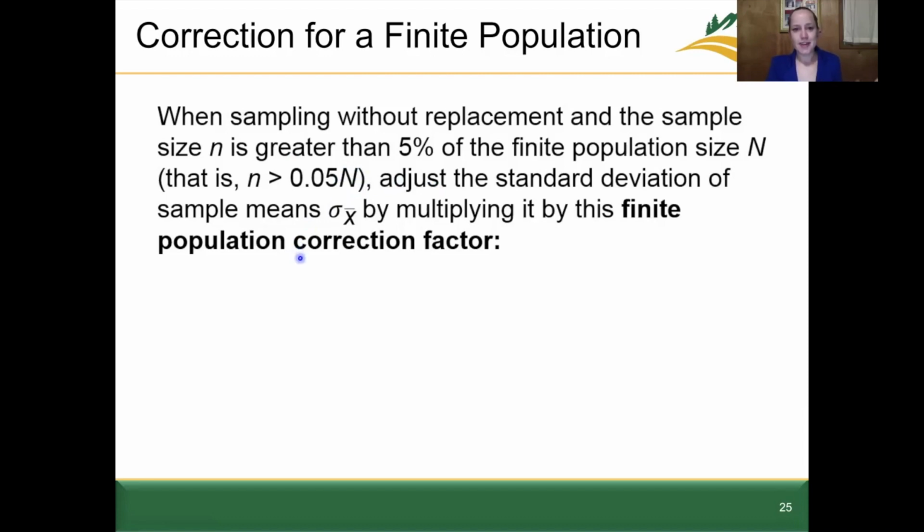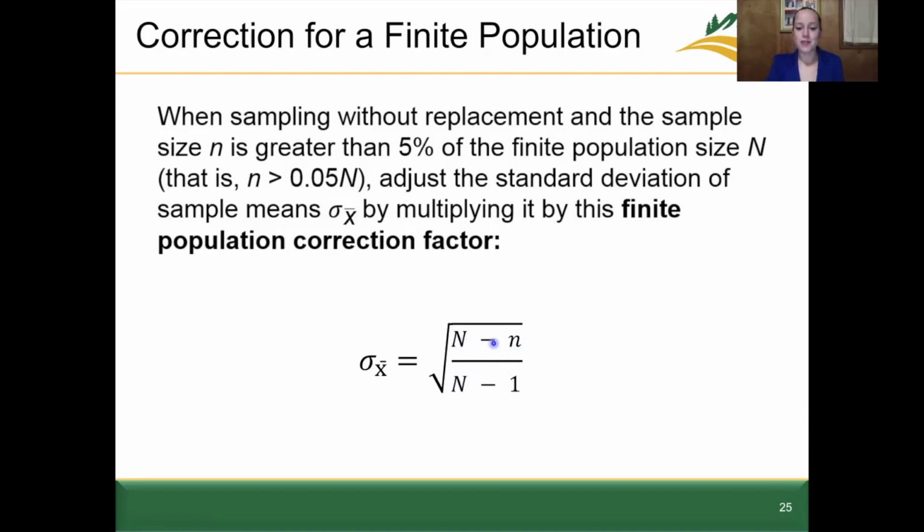So essentially everything is the same as what we talked about in 6.4. Instead, though, we're going to use this formula for calculating the standard deviation of sample means. You can see here, we take the square root of capital N, the total number of values in our population, minus lowercase n, the number of trials in our sample, all divided by capital N minus 1.